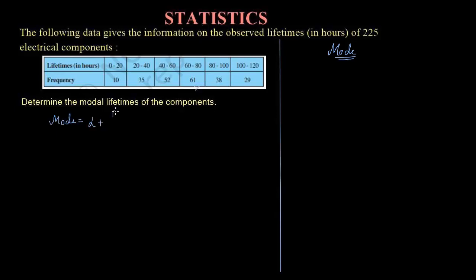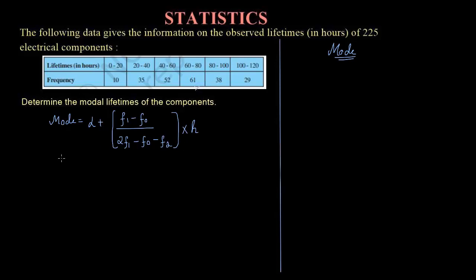L plus (F1 minus F0) divided by (2F1 minus F0 minus F2) into H. So let me explain each and every term that are used here.